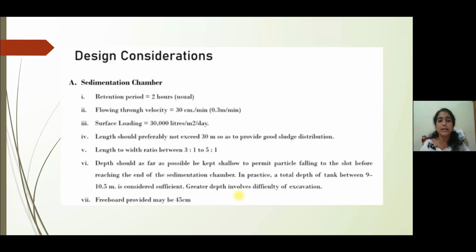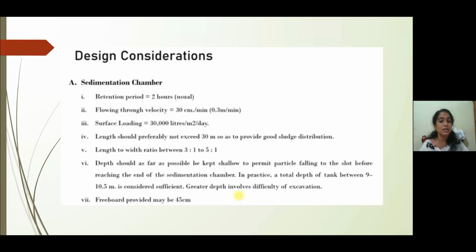Length should preferably not exceed 30 meters so as to provide good sludge distribution. The length to width ratio is between 3:1 to 5:1. The depth should, as far as possible, be kept shallow to permit particles to fall to the slot before reaching the end of the sedimentation tank.